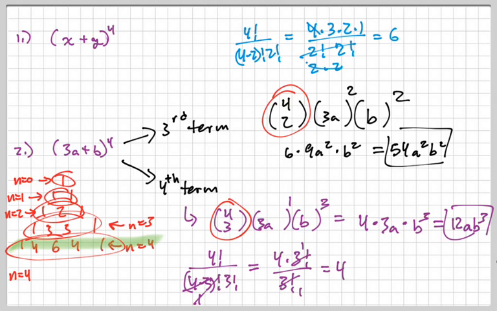So if you wanted the 5th row of Pascal's triangle, this is how you'd figure it out: 4 choose 0, 4 choose 1, 4 choose 2, 4 choose 3, and then 4 choose 4. There's 5 numbers in the 5th row, right?